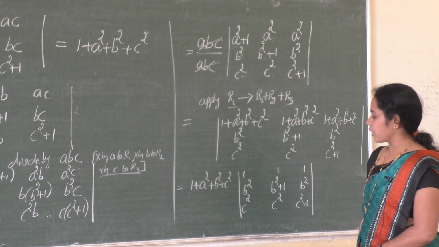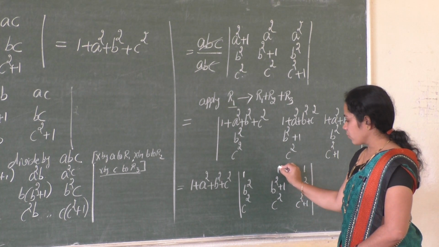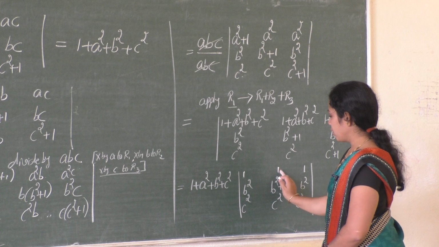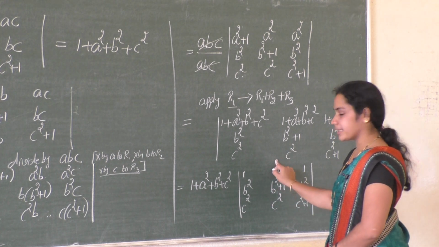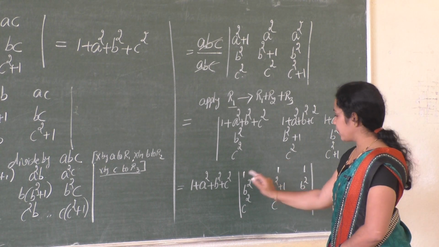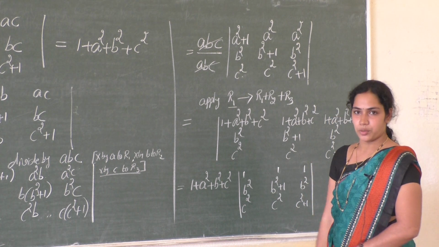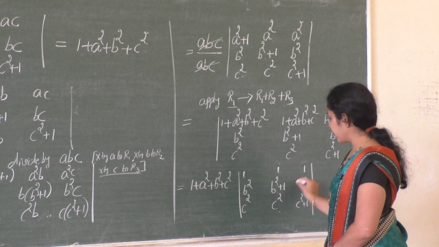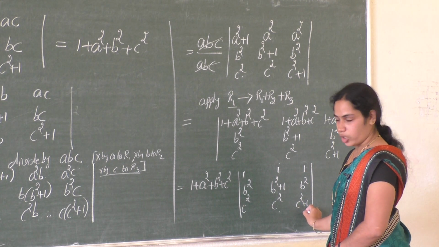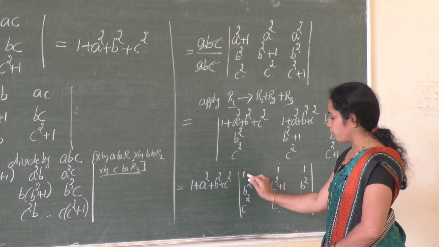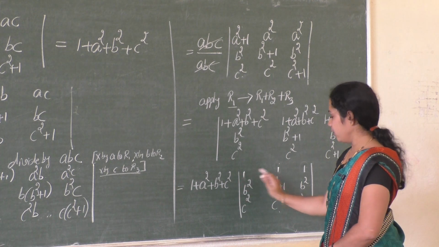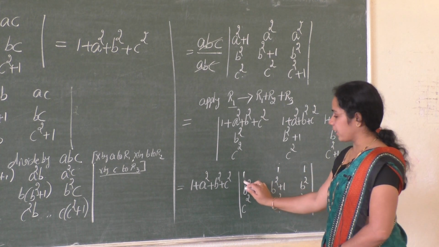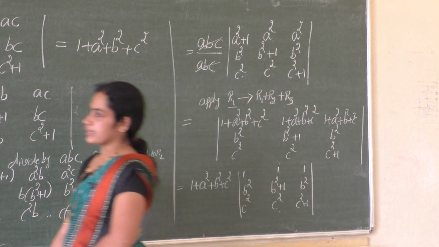So which operation can we apply? Here 1 minus 1 will be 0, 1 minus 1 will be 0. So we can apply the operation to the second column and third column, that is C2 minus C1 and C3 minus C1. Let us apply that.